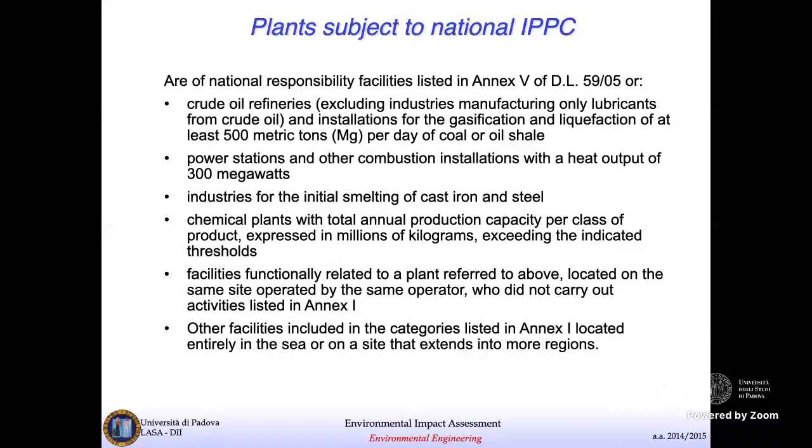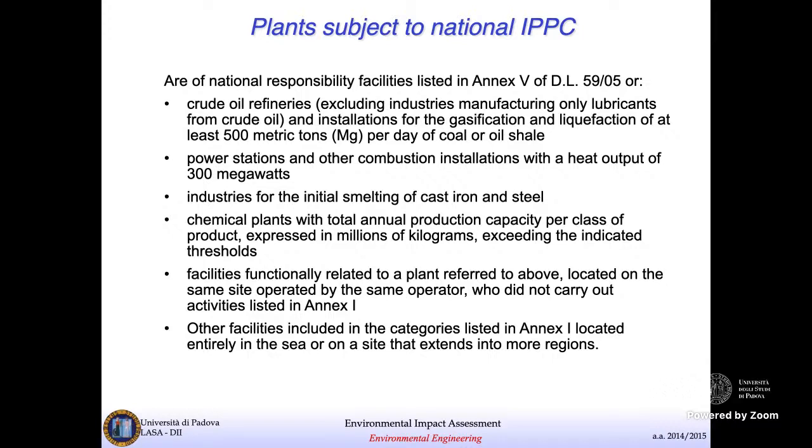So you see again, here there is a size threshold that guides the competent authorities in deciding if foreseen facilities are required to undergo IPPC. Power stations and other combustion installations with a heat output of 300 megawatts, as already stated, are another dimensional threshold.